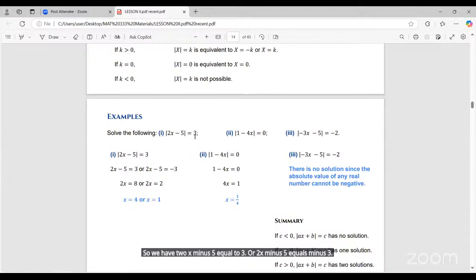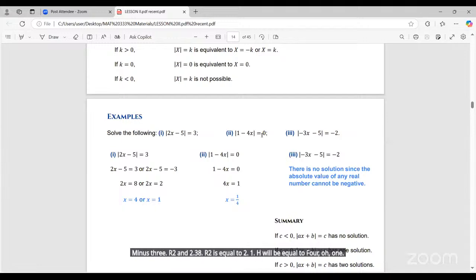When the absolute value of 2x minus 5 equal to 3, when it's greater than 0, we have two possibilities. Our x is minus k or k. That's why we have 2x minus 5 equal to 3, or 2x minus 5 equal to what? Minus 3. Our 2x will be equal to 8, or 2x equal to 1. x will be equal to 4 or 1 over 2.